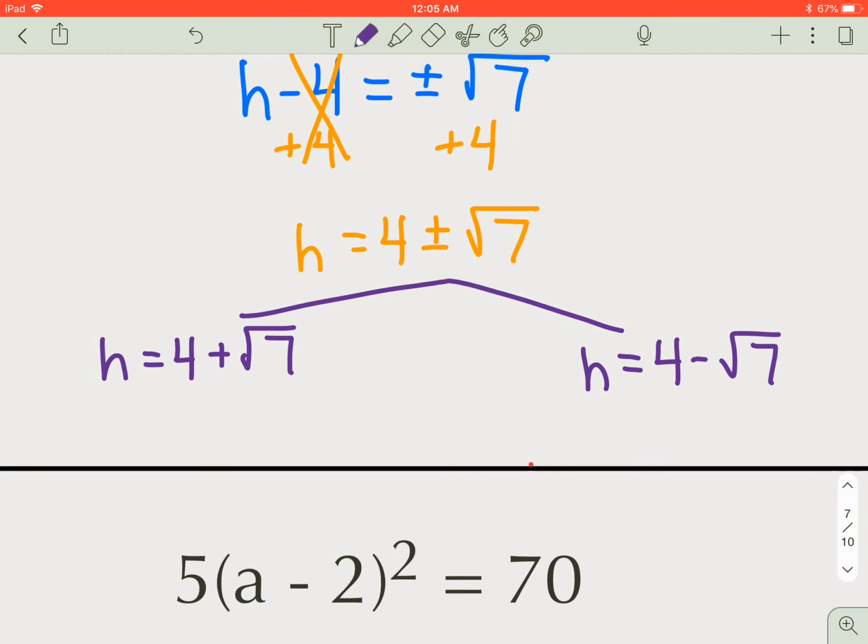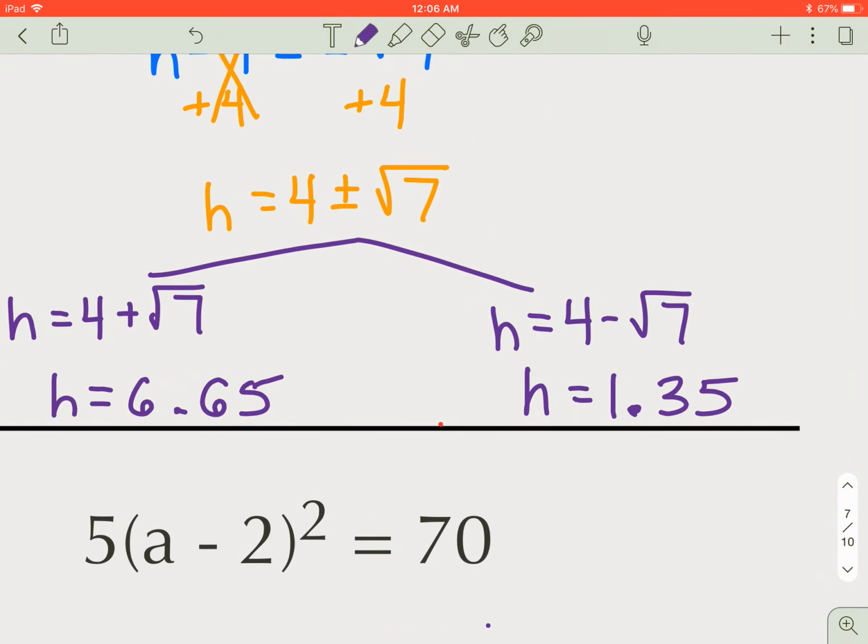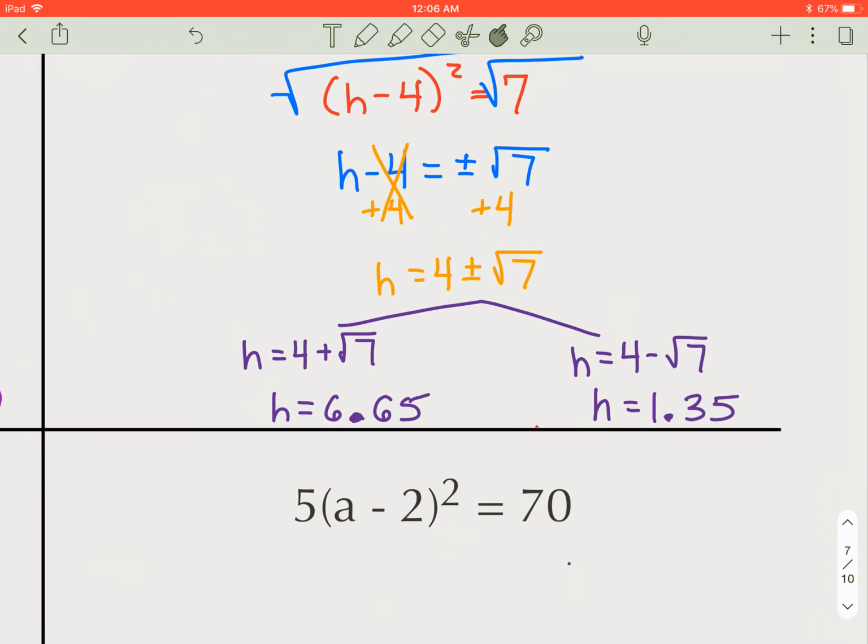And when I do that, I get the answers of h equals 6.65 and h equals 1.35. Those would be the two places on the x-axis in which that quadratic equation, in which that parabola crosses the x-axis. h equals 6.65 and h equals 1.35.